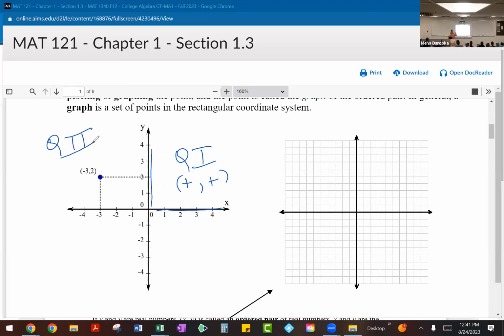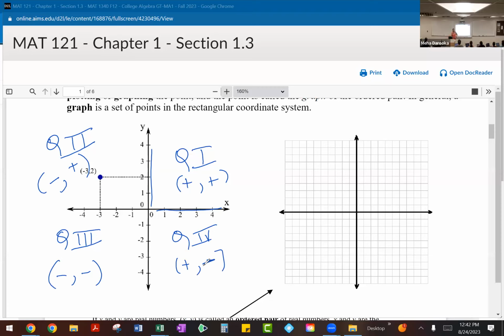Quadrant 2, again counterclockwise, x values are negative, y values are positive. Quadrant 3, and we do use Roman numerals when we're writing the quadrants out, would be both negative values. And quadrant 4 would be positive x, negative y.